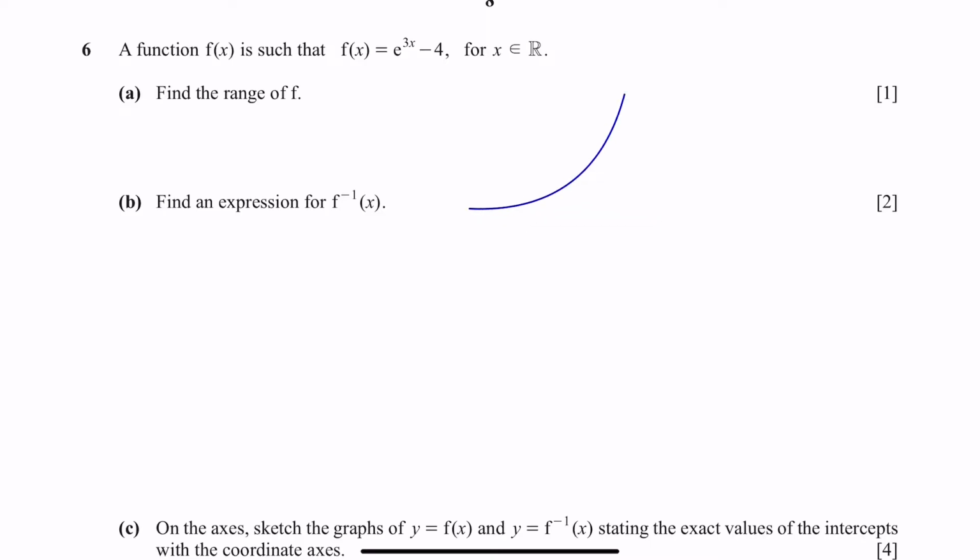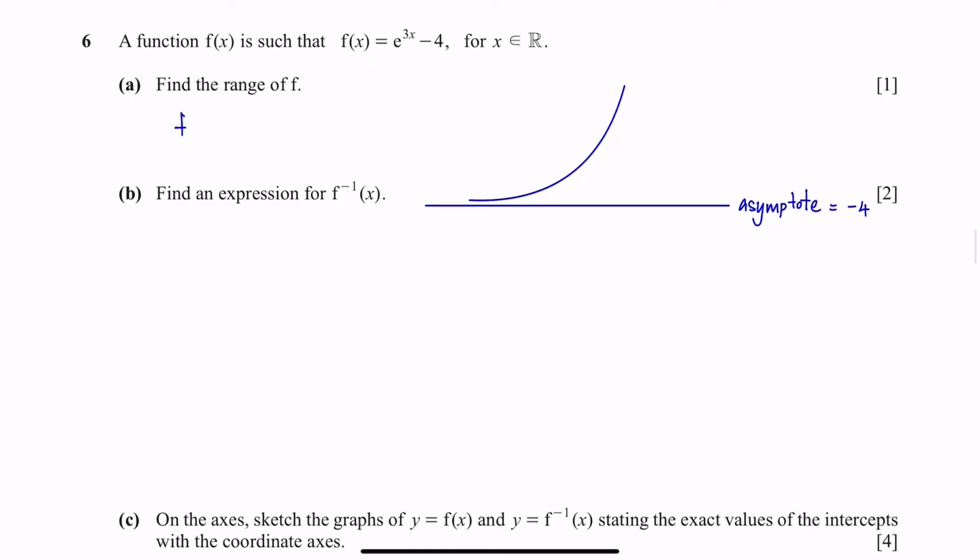Alright, so this would be the asymptote, and the asymptote is determined by this number. So now the asymptote is equal to -4, and we know that the graph would be more than -4. So the range of f is just larger than -4.